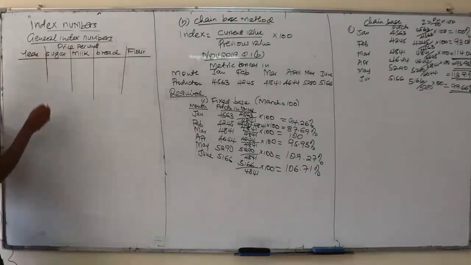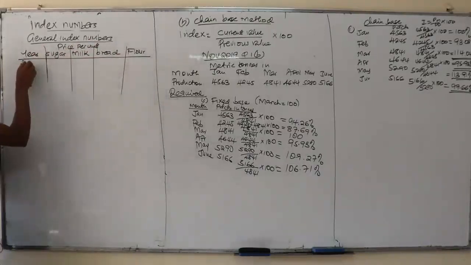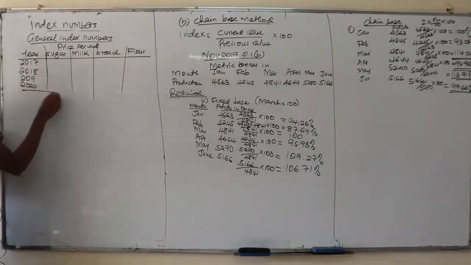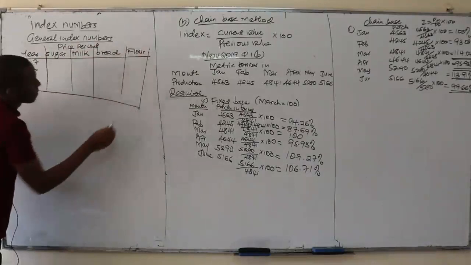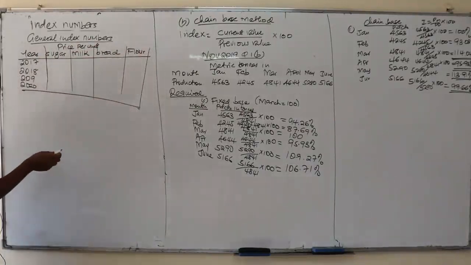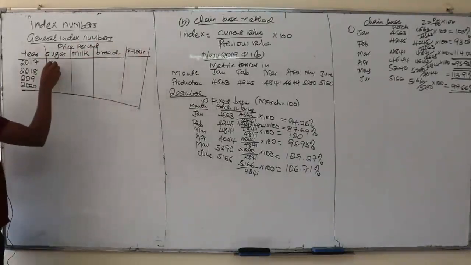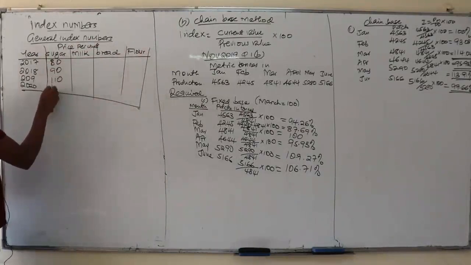So I can have here 2017, 2018, 2019, and year 2020. Let's assume in year 2017, this one was 80, 90, 110, 130.